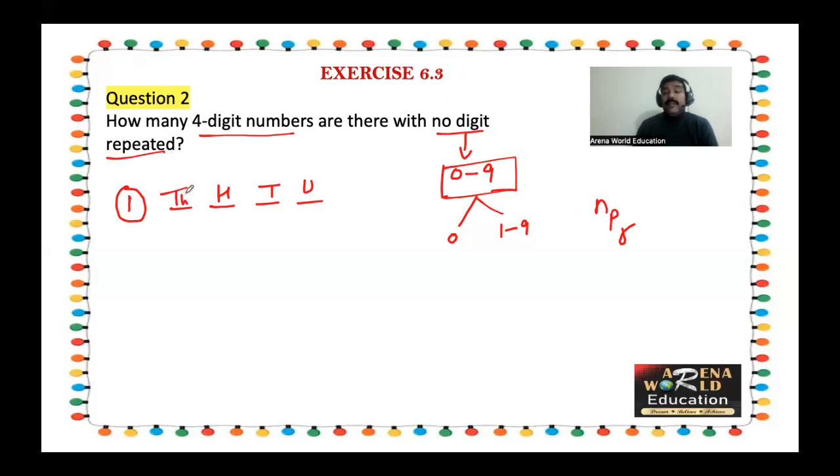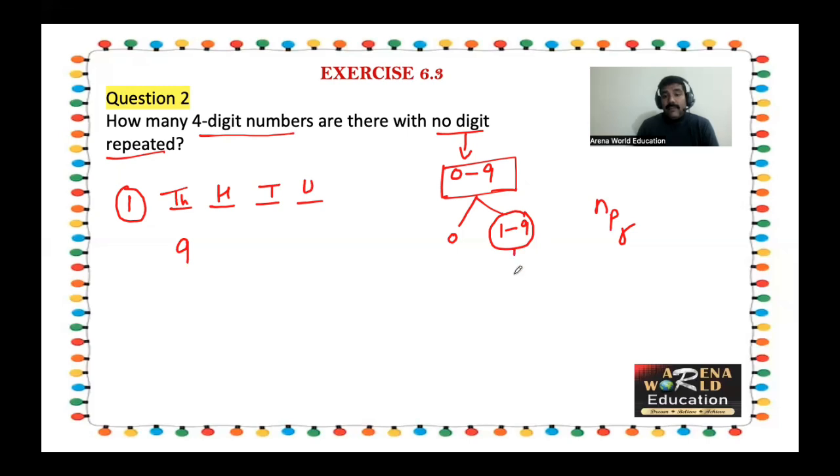The first restriction is that the thousand digit can never be zero. So out of these 9 non-zero numbers we can choose any, so the thousand place can be filled in 9 different ways.